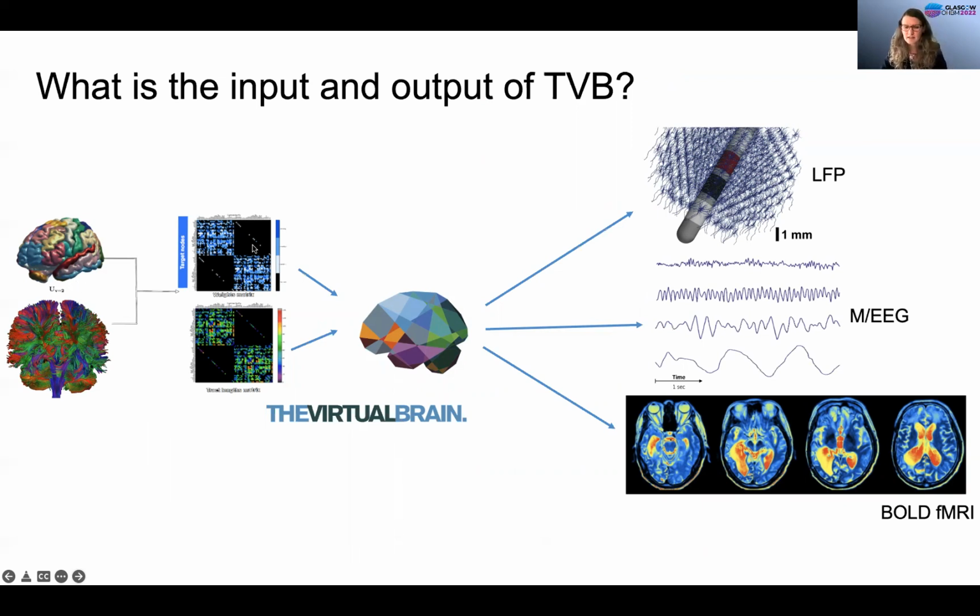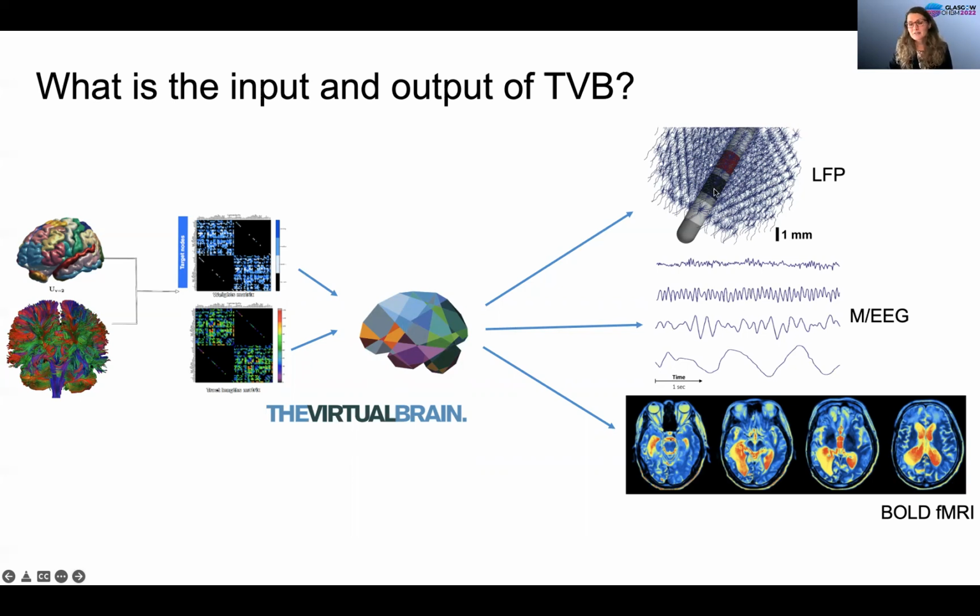This matrix is nothing else than a description of all the tracts in the brain, the tracts' length, and also the thickness of these tracts. So for example, number of streamlines, then you would like to know how long are the streamlines between each pair of regions and how many tracts are there. And then something happens inside the virtual brain. We'll come to that magic in the next slide.